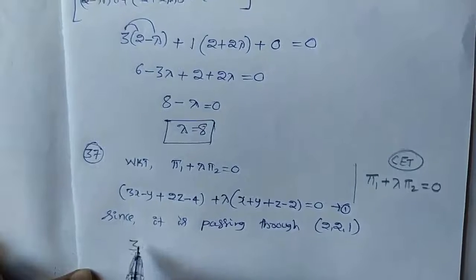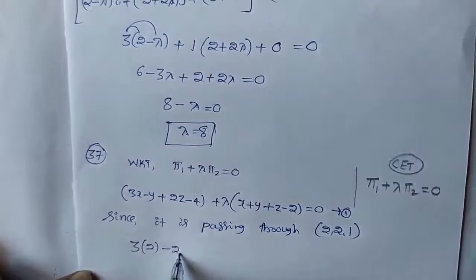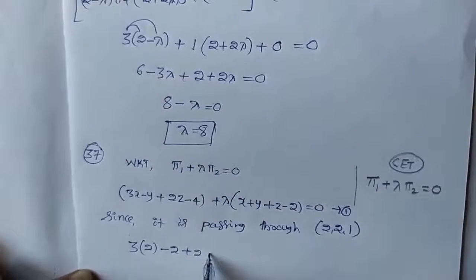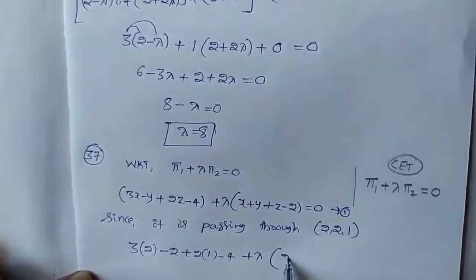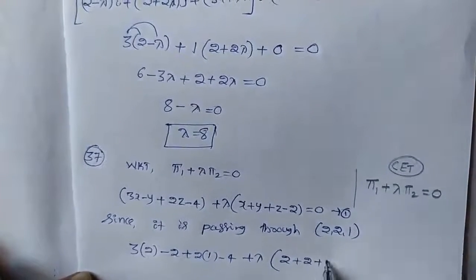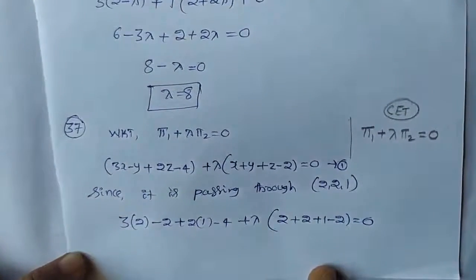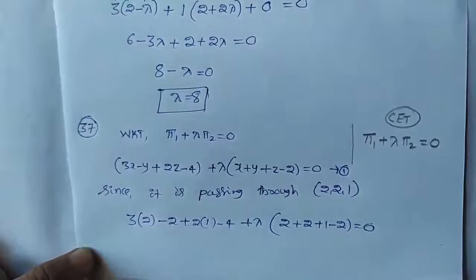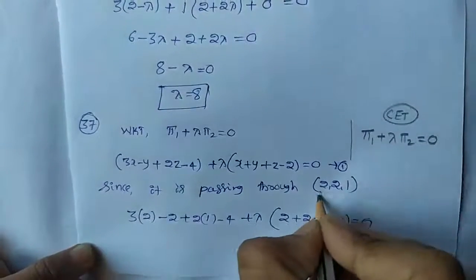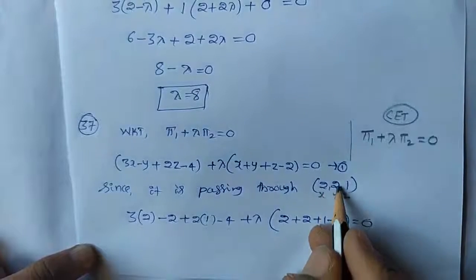Therefore 3 into 2 minus 2 plus 2 into z is 1 minus 4 plus lambda into 2 plus 1 minus 2 equals 0. Find the value of lambda and then substitute that value of lambda in equation number 1. I just substituted x with 2, y with 2, z with 1.